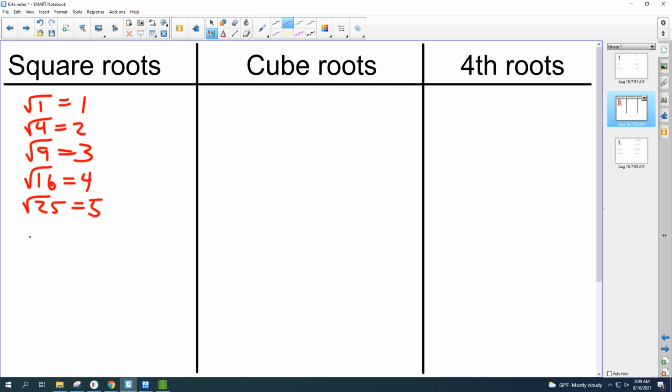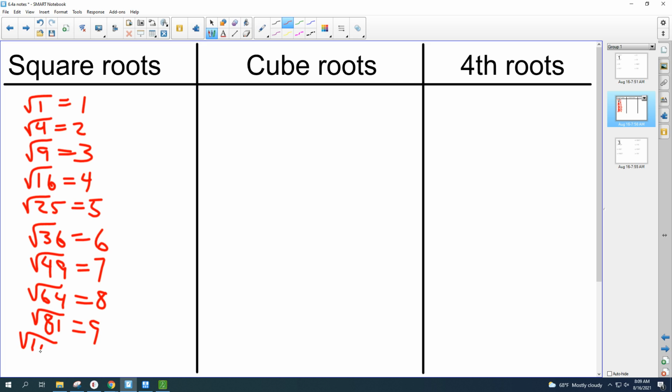We've seen the square roots a lot. The more you know, the better. Usually, you can get away with knowing the ones up to 100. Might be better if you can go up to 144.